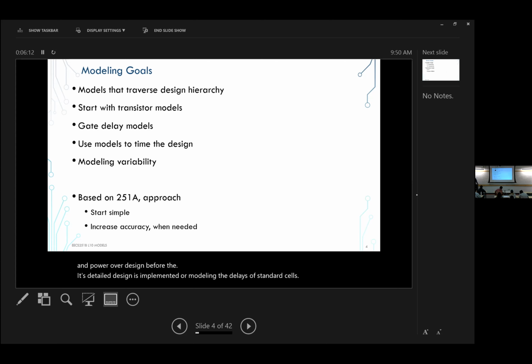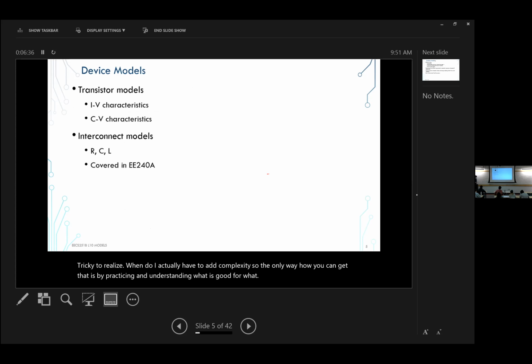We'll follow the approach that we have seen in 251A, where we start very simple and then add complexity just when needed. Now, one of the things that you may find tricky is realizing when you actually have to add complexity. The only way to get that is by practicing and understanding what is good for what. When we talk about device models, we'll spend this lecture on on IV characteristics for transistors.